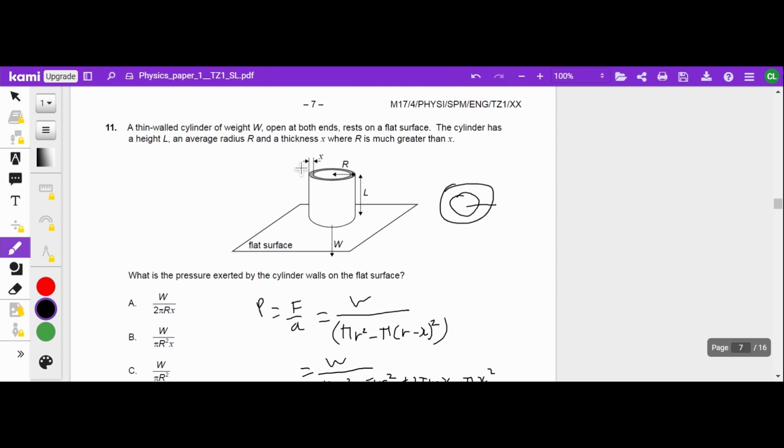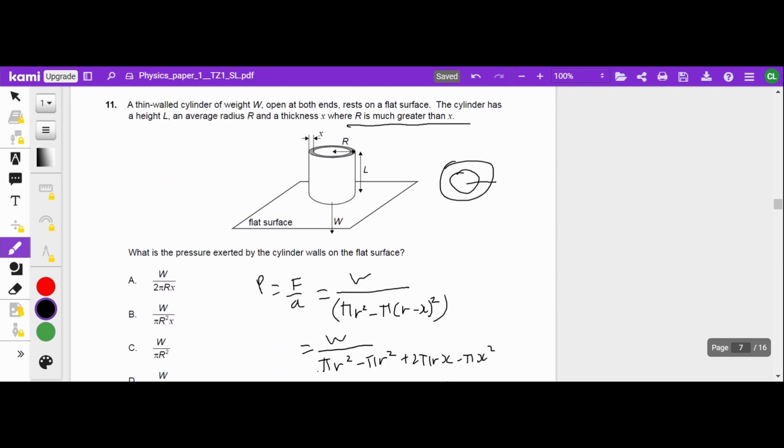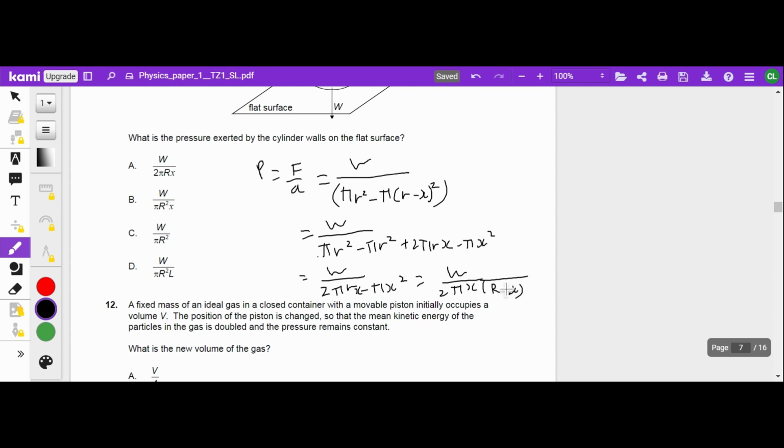And because it says R is much greater than x, I guess it's basically saying that x is negligible here. So the answer will just be W over 2 pi R x, which is A. I find this question very dumb, but moving on.